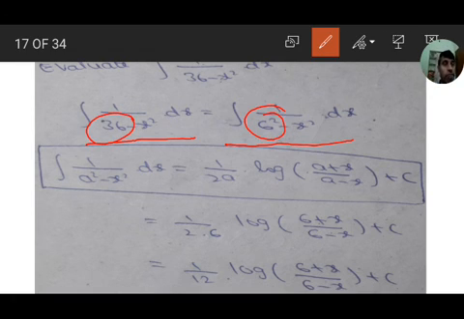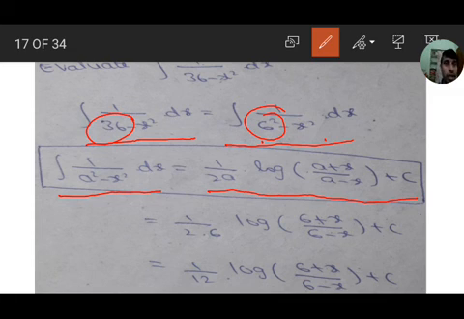So it is of the form 1 by a square minus x square dx. So formula: integration 1 by a square minus x square dx equals 1 by 2a into log of a plus x by a minus x plus c.